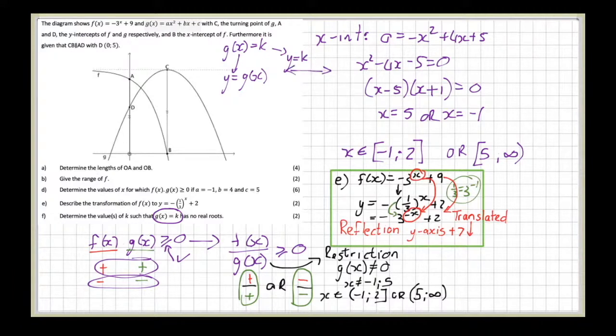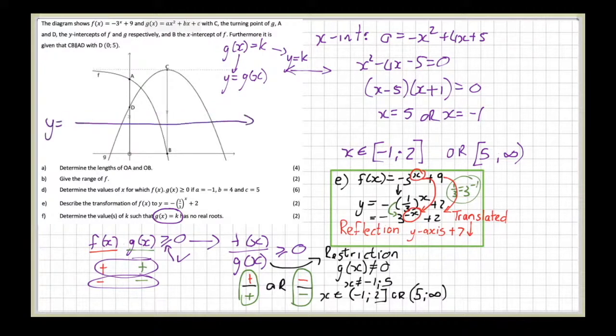Now the question asks, where is g of x equal to k? The moment I split it up, I'm talking about two different equations: a parabola, which is sketched, but also y equal to k, which is a horizontal line. So let me draw in y equal to k. Ooh, that's not horizontal at all.